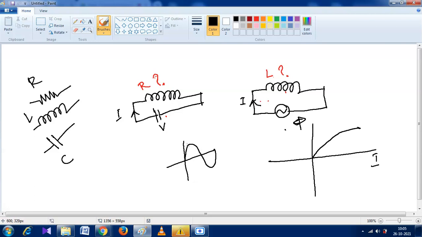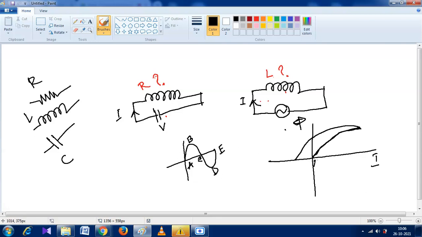When the current increases, then the flux also increases. After a certain point, it becomes saturated. Then the value of current is decreasing. So please follow this path, and when the value of current is 0, this is B point, then this is C point, this is D point, and this is E point.